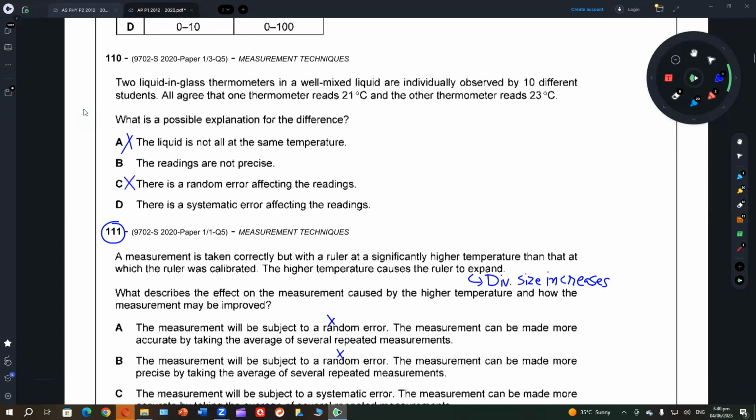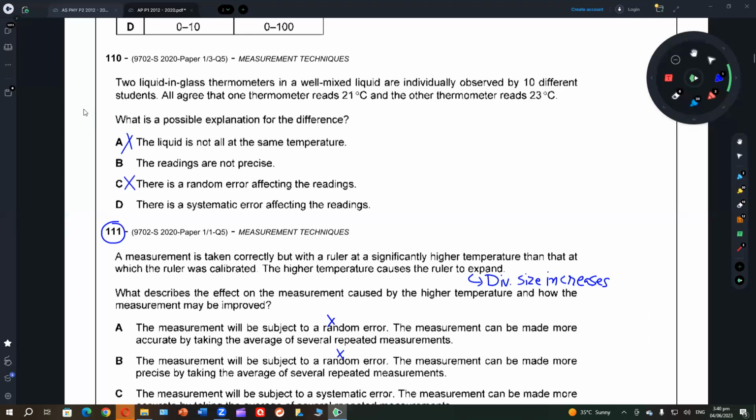Now we have a choice. Aren't 21 and 23 close? Can't they be precise? Or is there a large difference, like in the difference between the thermometers?